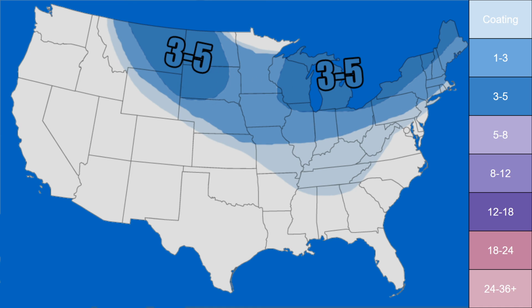Now I didn't want to put a 5 to 8 inch region, because last time I did that, and then the system shifted farther north, and sometimes I do that farther south. So I'm gonna put a 3 to 5 inch zone for now. I didn't want to put lake effect snow either because that's very hard to forecast.